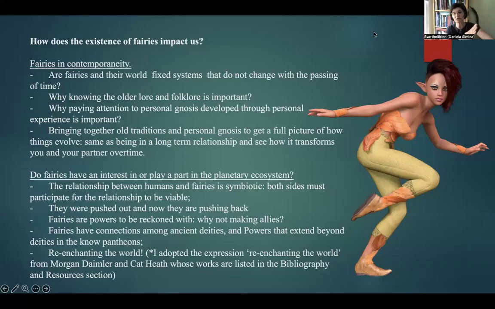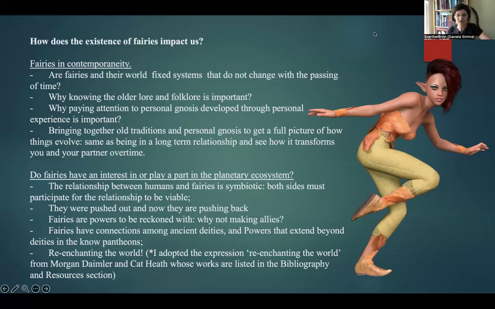And noticing that curve along which the change happened gives you information that you may choose to act on or not, to stay in the relationship or not stay in the relationship. And this applies to fairies as well as human partners.